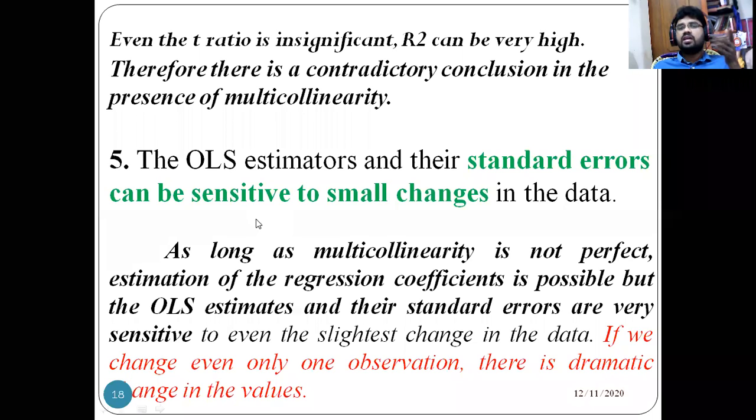Even slight changes in data, for example if the data is not uniform, may give a multicollinearity problem also. If we change even one observation, there are drastic changes. If you change a single value, there is a lot of change in your coefficient values, t values and standard error values.